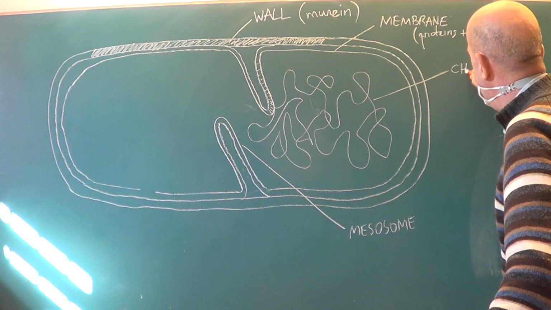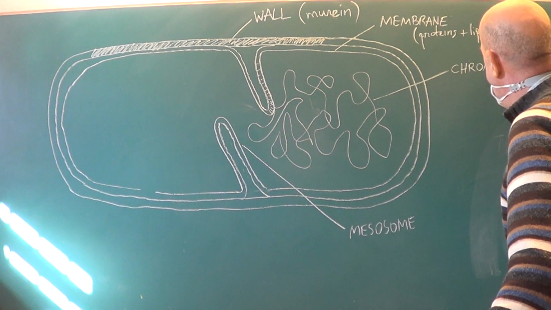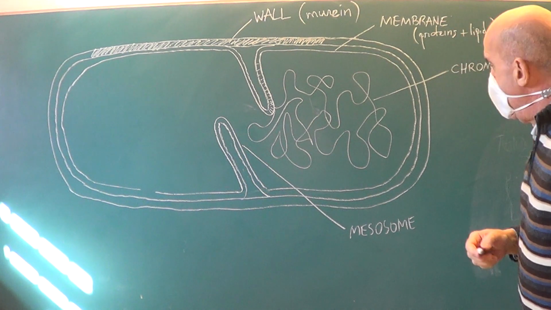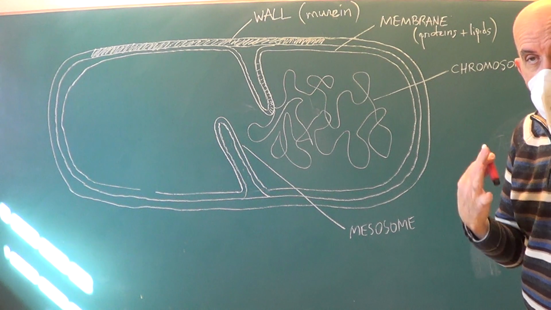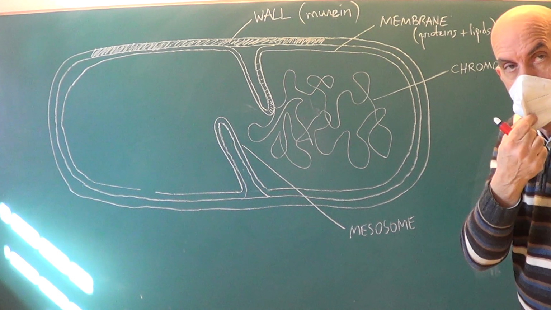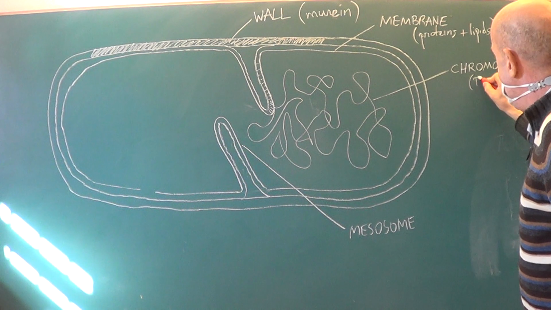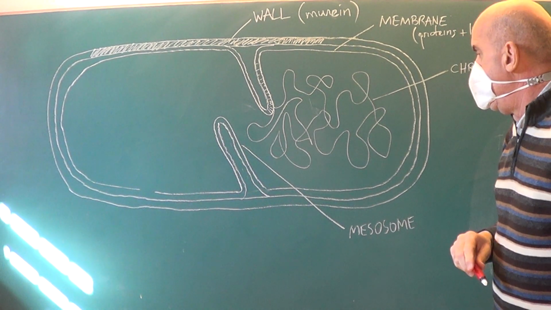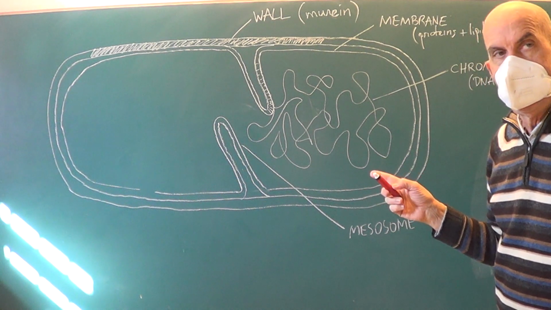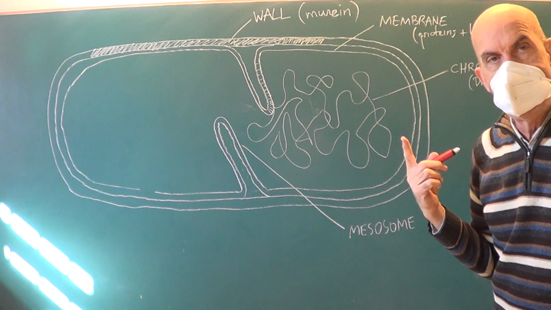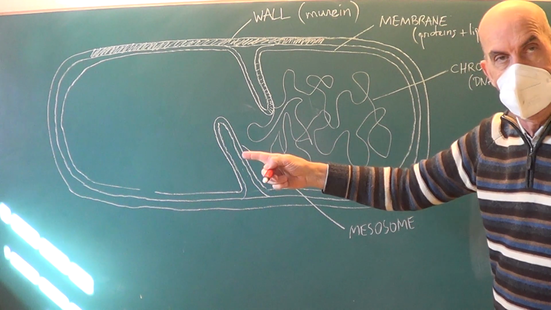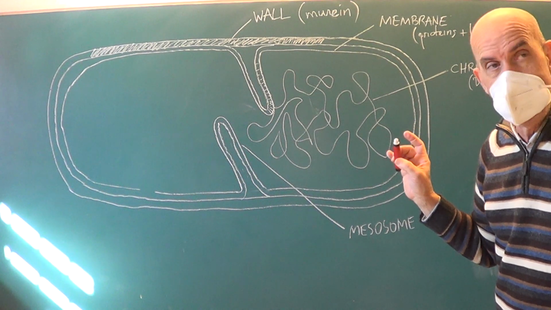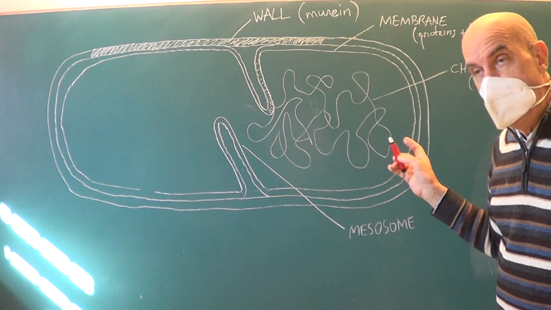The chromosome is made up of DNA, deoxyribonucleic acid. It's very long. It's about 700 times the length of the cell. Did you understand me? Yes. 700 times, 700 to 800 times the length of the cell.